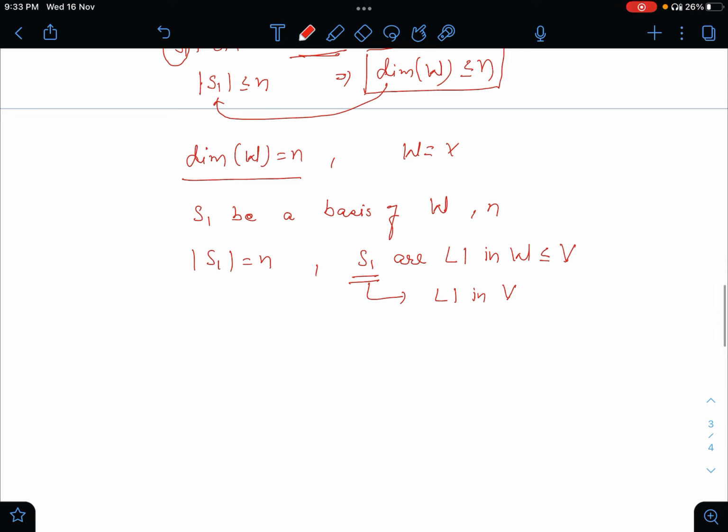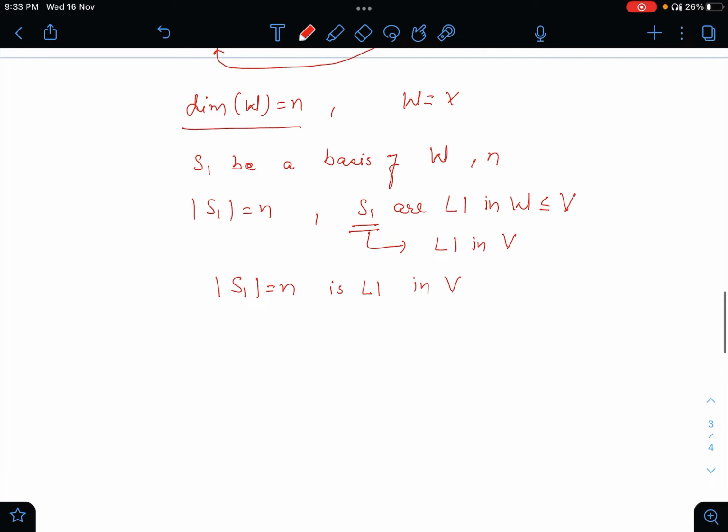So it shows that S1, a set of n vectors, is linearly independent in V, which implies that this is a set of linearly independent vectors whose number is n, which is equal to dimension of V. That means S1 is a basis of V also.